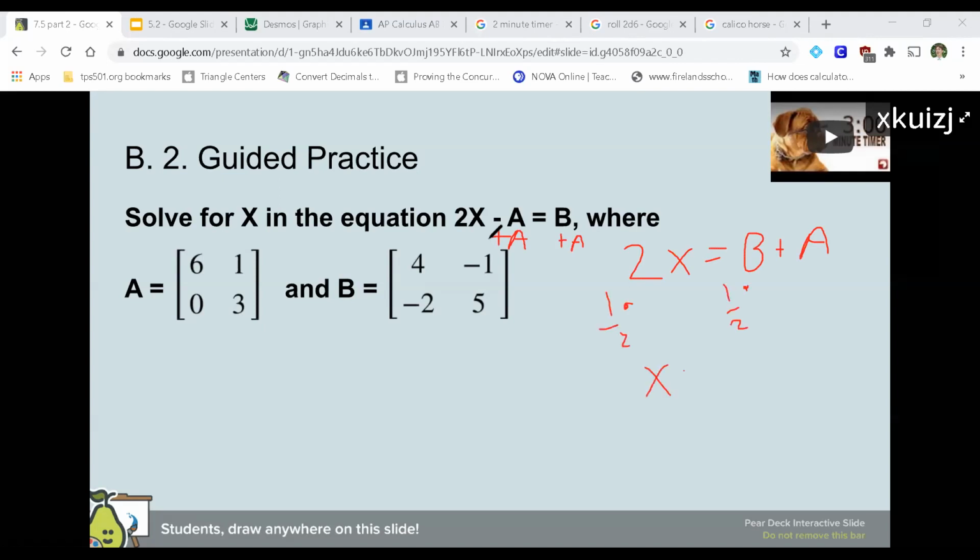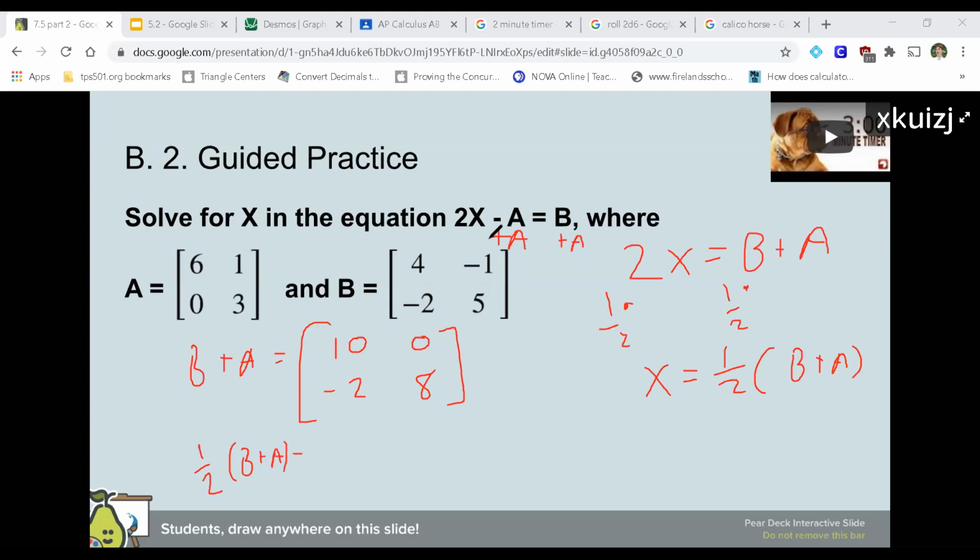So we'll get x equals a half of B plus A. And B plus A is what? 10, 0, -2, 8. So then a half of that would be 5, 0, -1, 4.